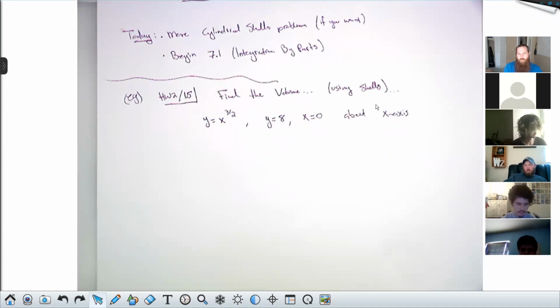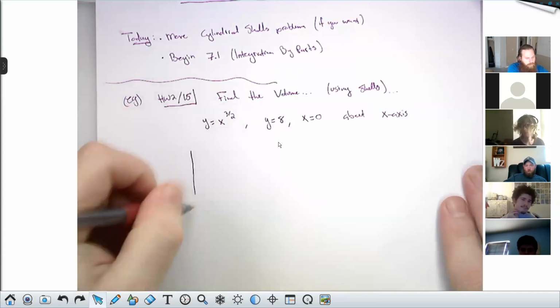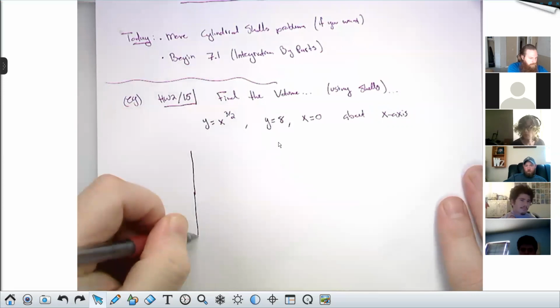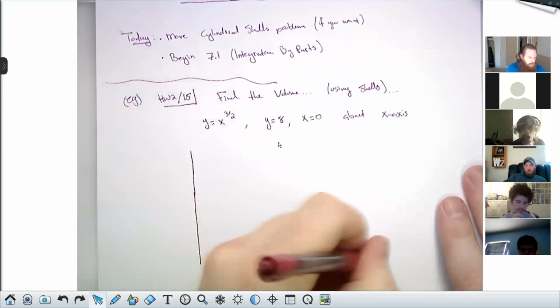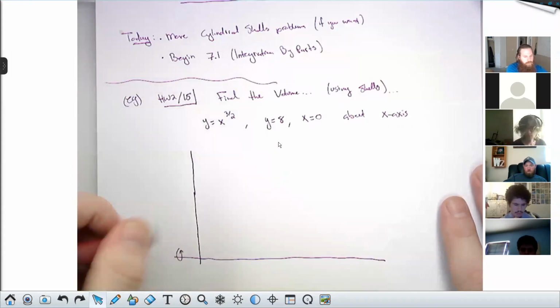And we want to rotate everything about the x-axis. Since we're using the shells method and rotating about a horizontal axis, everything is going to need to be done in terms of the variable y. X equals 0 is the y-axis. The x-axis is my axis of rotation.